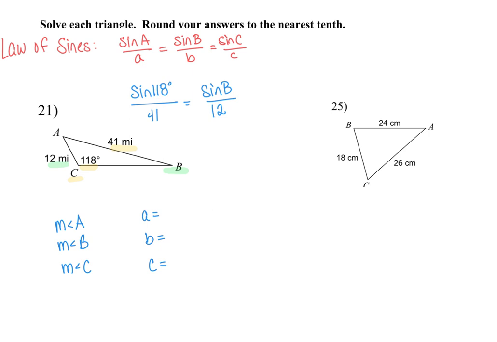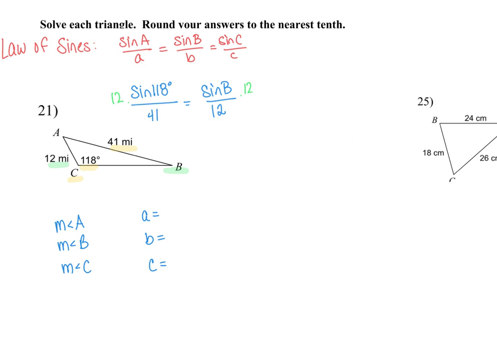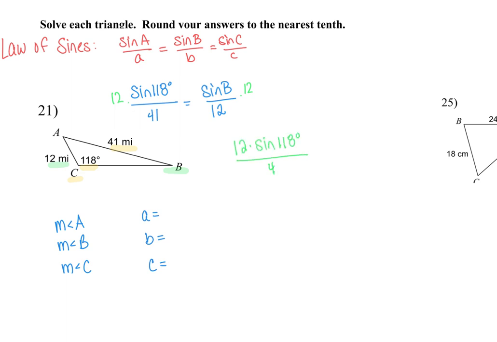How do I solve for sine of B? Multiply both sides by 12. All right, now I'm going to move him over. I have 12 times the sine of 118 over 41 equals the sine of B.